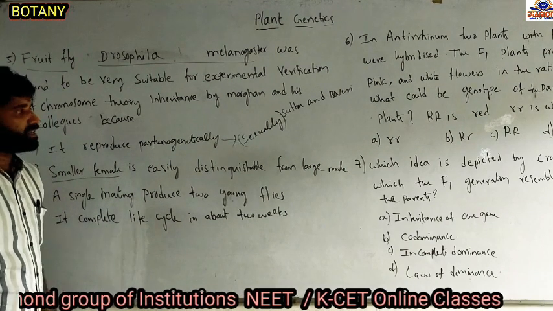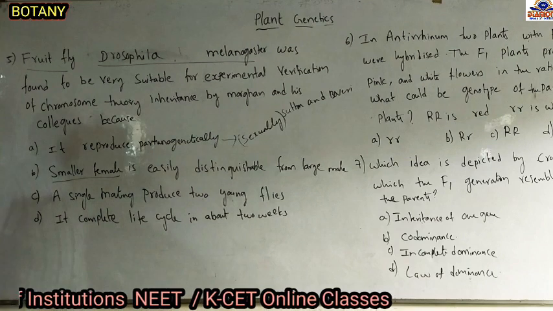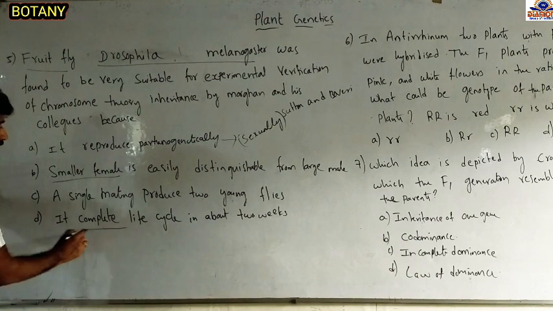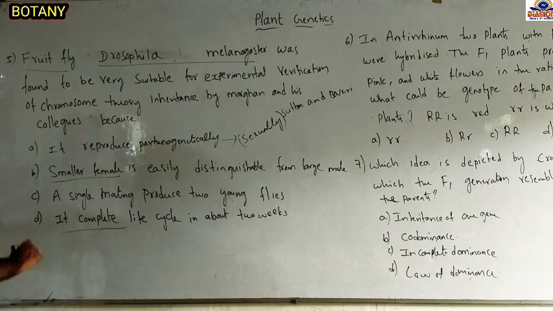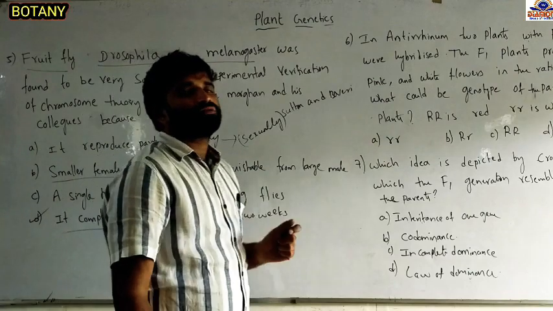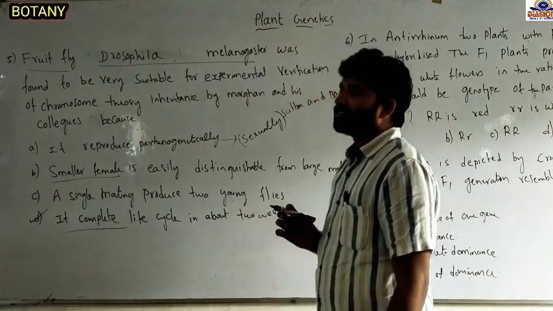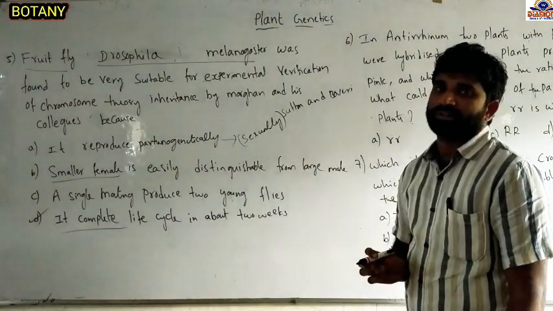That's the reason Drosophila melanogaster was taken for the experiment by Morgan. So it completes its life cycle in about 2 weeks. This is the correct statement. Because of the short life cycle of Drosophila melanogaster, Morgan chose it for his experiments.